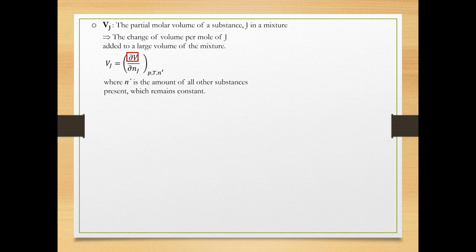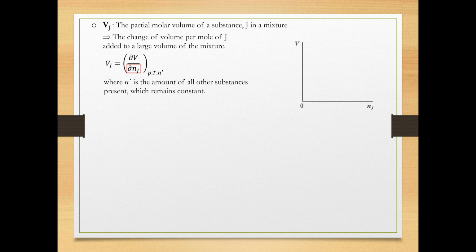Second, we change only n sub j. The amounts of all the other components are held constant. Third, both temperature and pressure are constant. And finally, because this is a partial derivative, we are considering an infinitesimally small change in the amount of J.